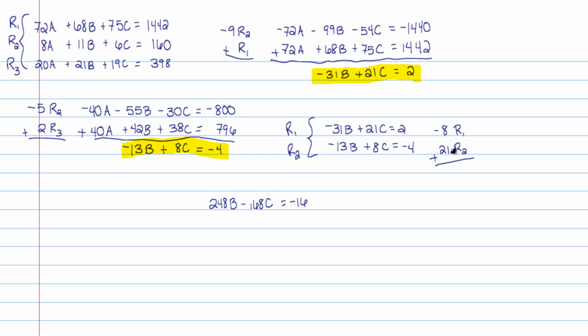Now, multiplying row 2 by 21, I'll get, let's see, a negative 273b. 21, now it's by design, it should turn out that 21 times 8 here is also going to be a positive 168, which it is. And then 21 times a negative 4, it's 21, right? Yeah. 21 times a negative 4 is negative 84.